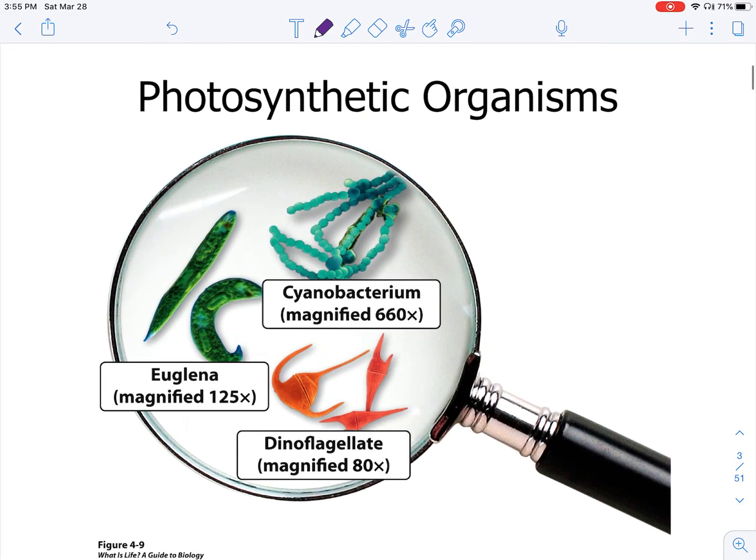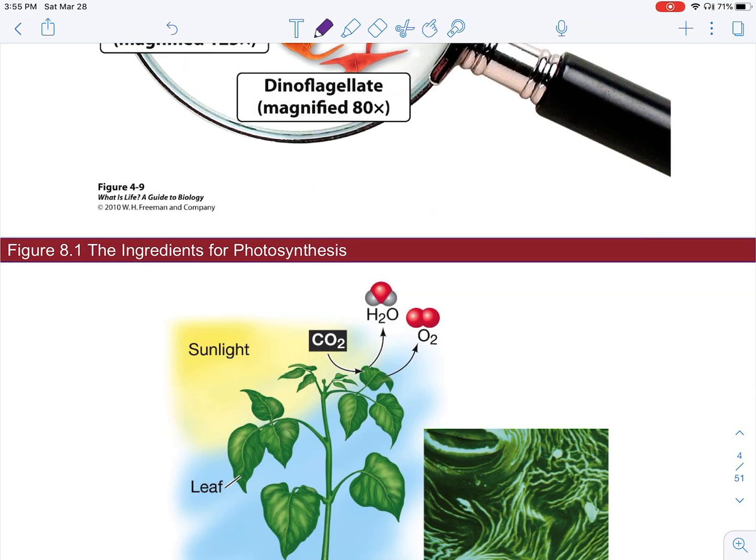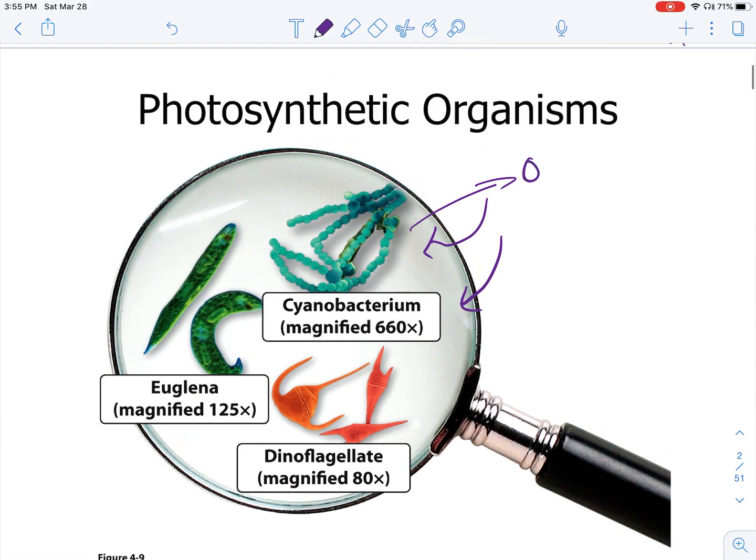Most of the time when we think about photosynthesis, we think about plants, but there are many other photosynthetic organisms. In fact, the cyanobacteria caused what's called the first oxygen holocaust, right? When they first came about, the world was predominantly anaerobic, had a lot of methane, not a lot of oxygen, and they actually took the energy of the sun and produced oxygen as a waste product.